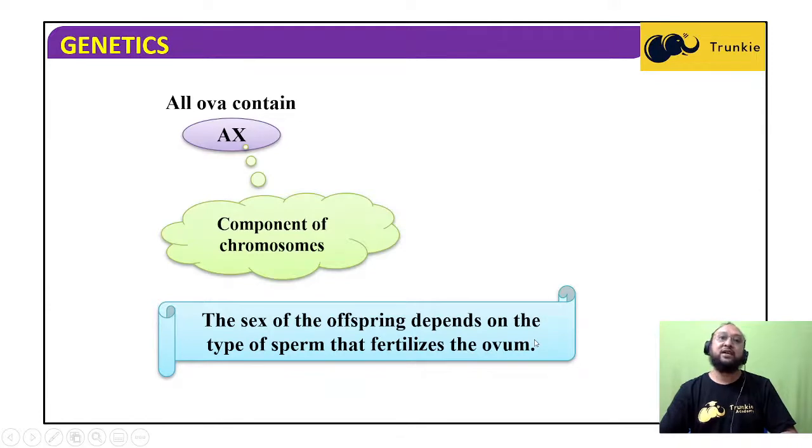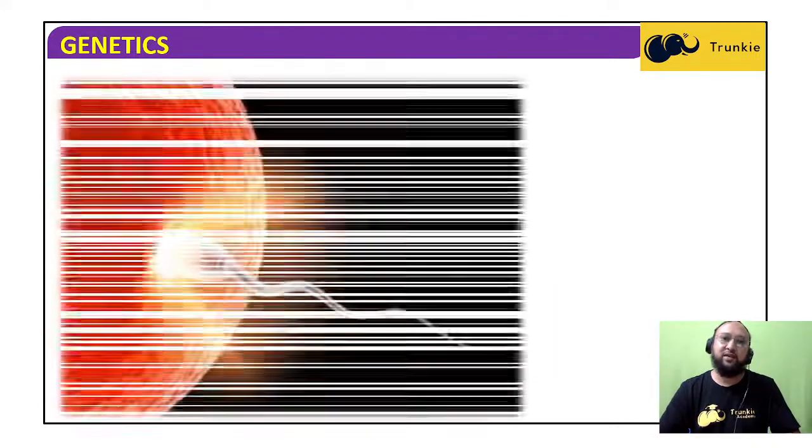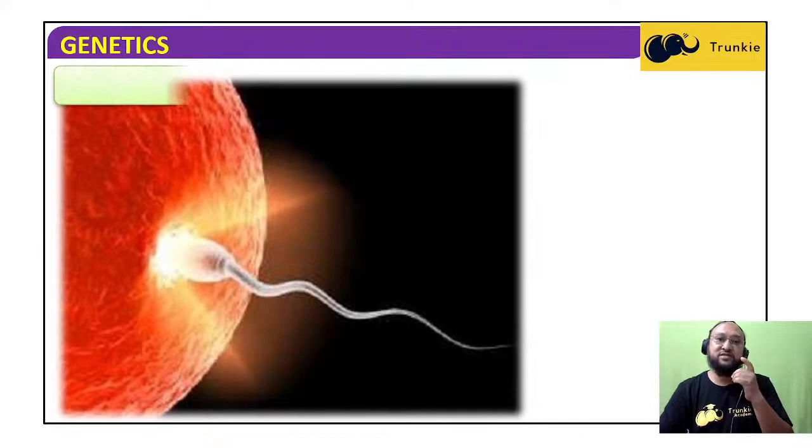So if the sperm of the grasshopper testis with only autosomes and no X chromosome fertilizes, that will be the male, and the one with the X chromosome will be the female. So here X is the sex-deciding factor.